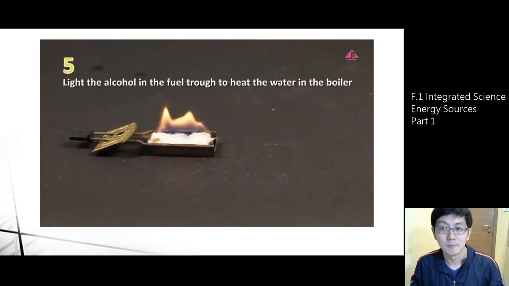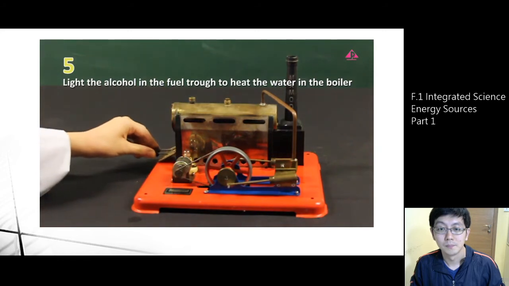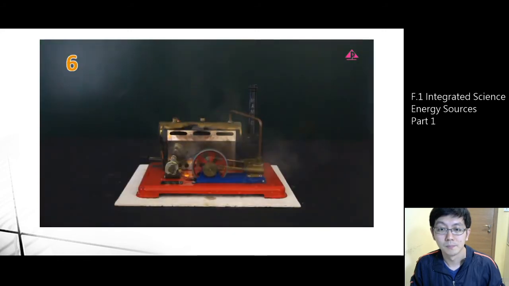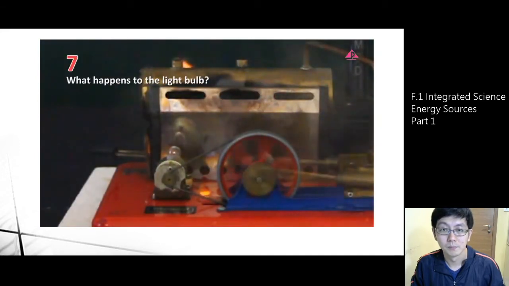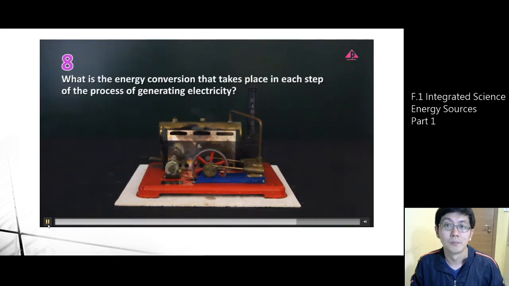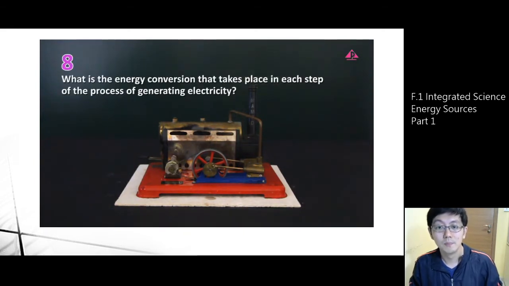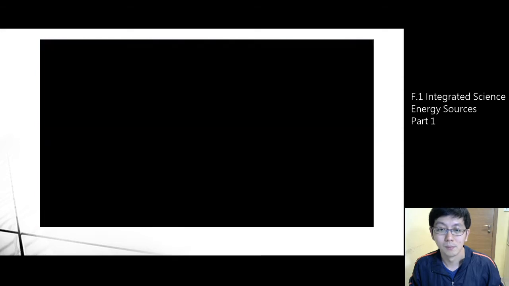Light the alcohol in the fuel trough to heat the water in the boiler. What happens to the wheel? What happens to the light bulb? What is the energy conversion that takes place in each step of the process of generating electricity?